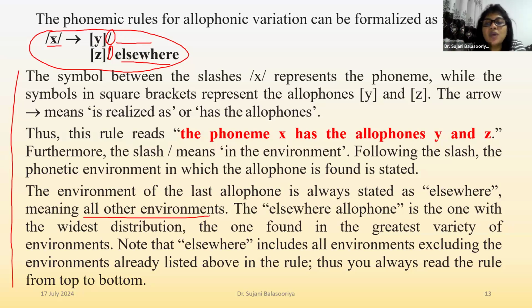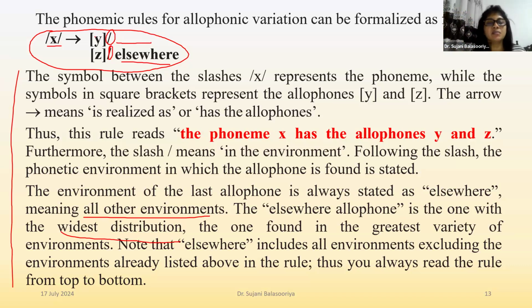The elsewhere allophone is the one with the widest distribution. So you should know the phoneme X has two allophones, Y and Z, and Y is used in limited, restricted environments, whereas Z can be seen in many other environments.